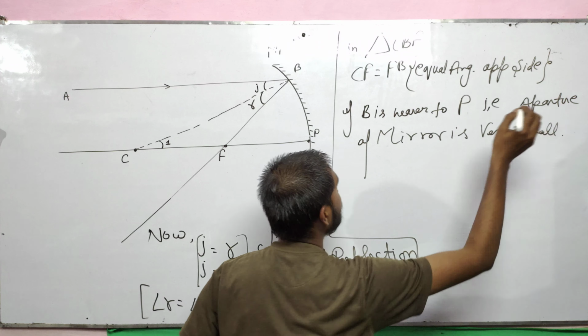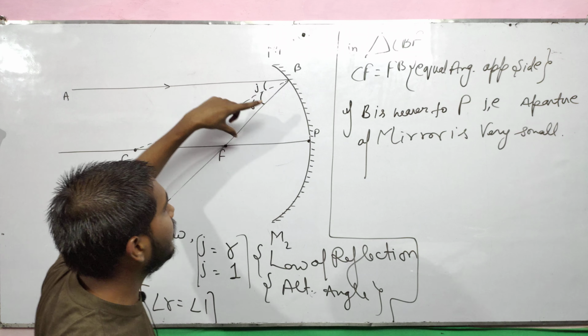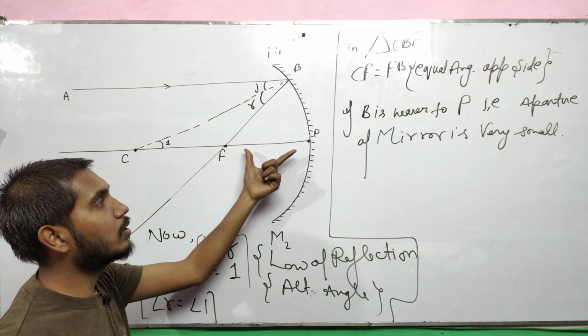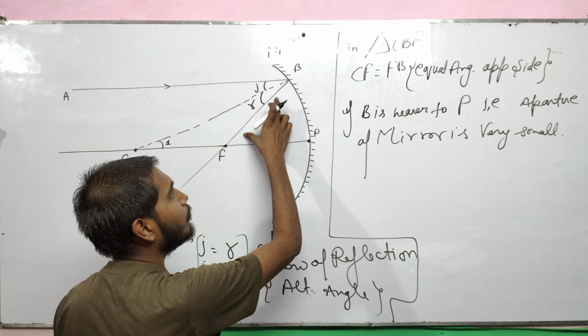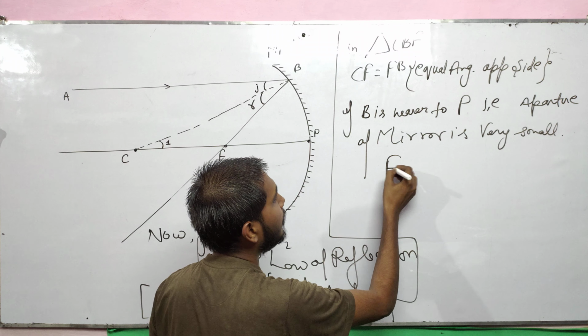Then what will be? If B is nearer to P, beta, then FB is equal to PF.